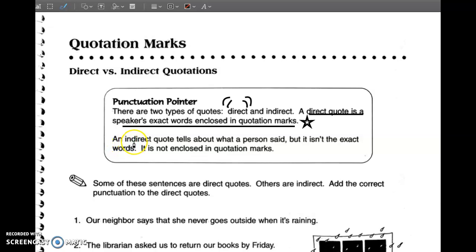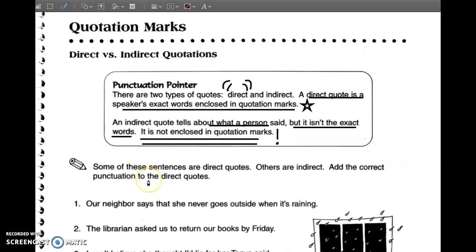An indirect quote tells about what a person said, but it isn't the exact words. It is not enclosed in quotation marks. We really need to know that too. Okay? It's not enclosed in quotation marks.